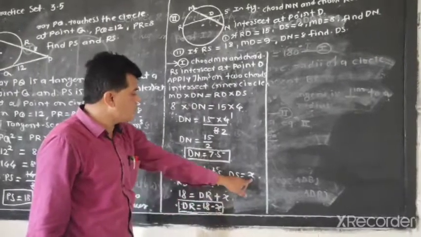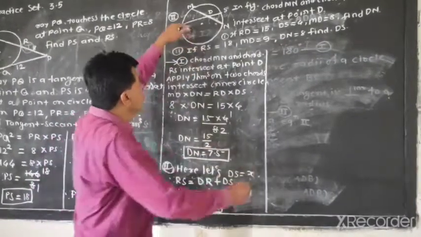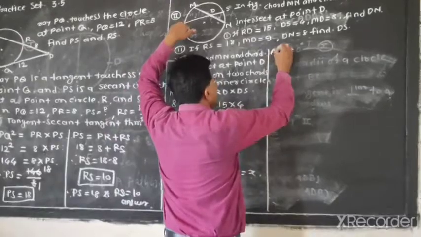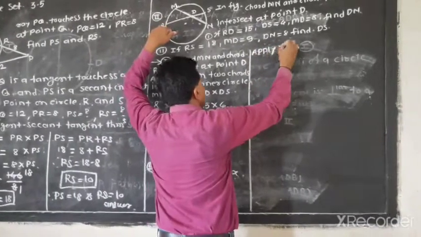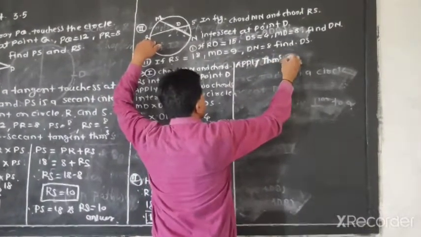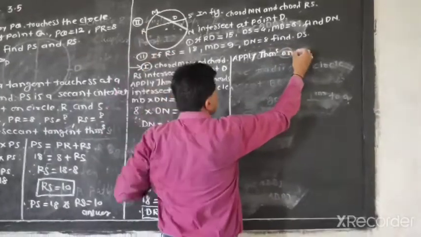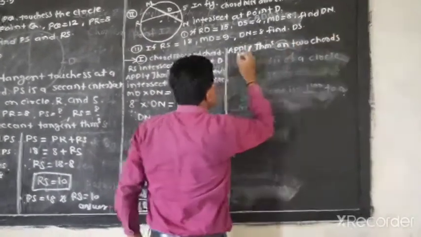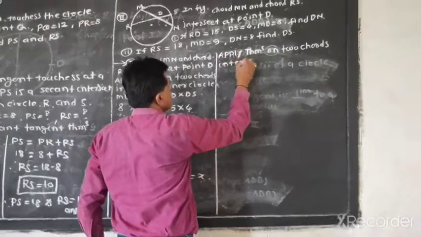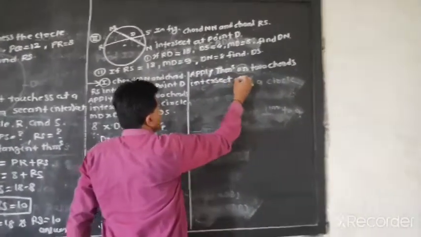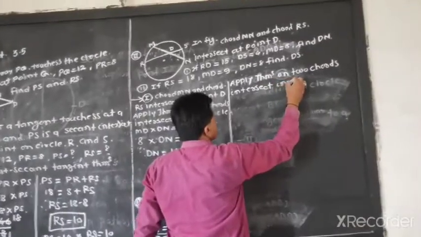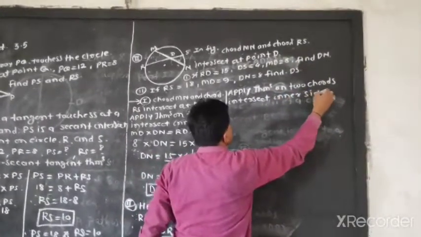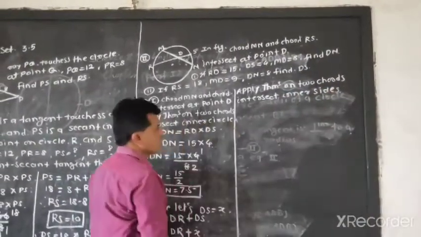The value of DS is x, and here we apply the theorem on two chords intersecting inside a circle.